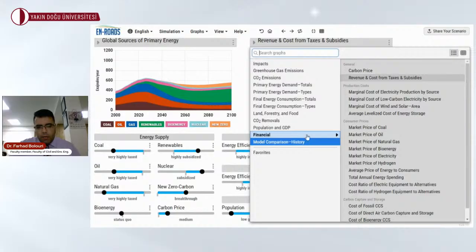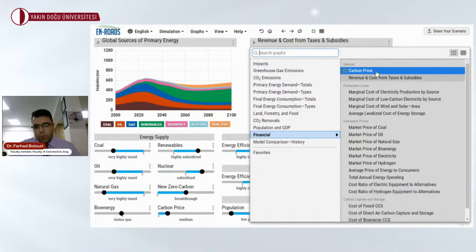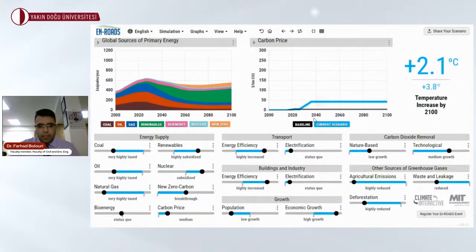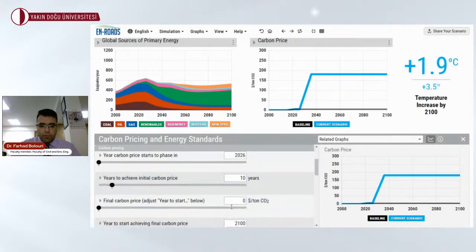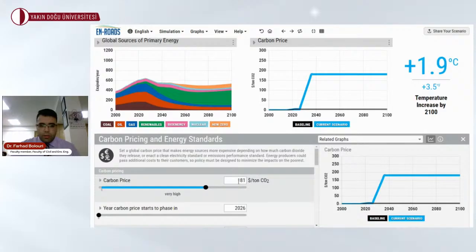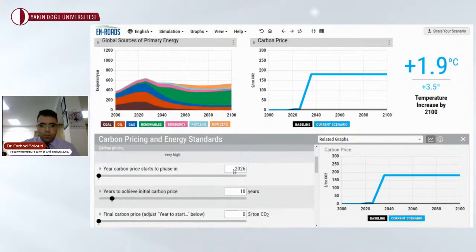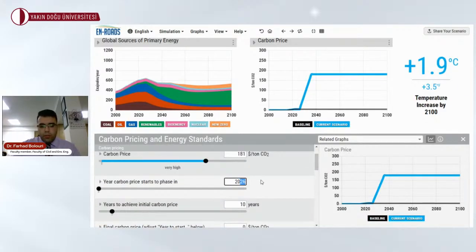Also, if we come to financial, we have carbon price and the other things that relate directly to these policies, as you see. But in here, as I said, you can, for example, change not only the amount of the money tax, you can also change your year. You say, I couldn't start it just now, I will start it from 2035, for example.